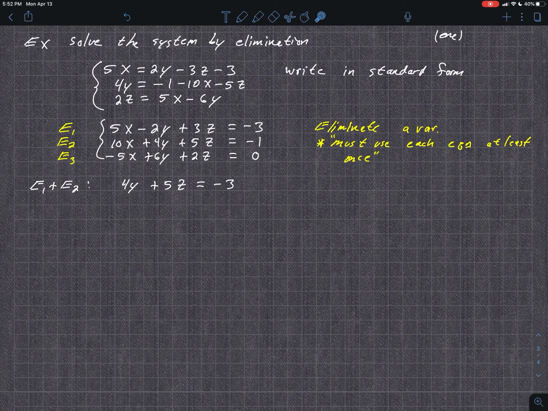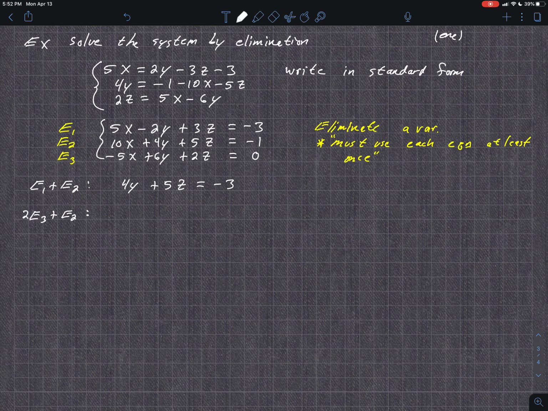If I do 2 times equation 3 and add it to equation 2, what will happen? Will I eliminate x? Yes. So write down what you're doing: 2 times equation 3 plus equation 2.